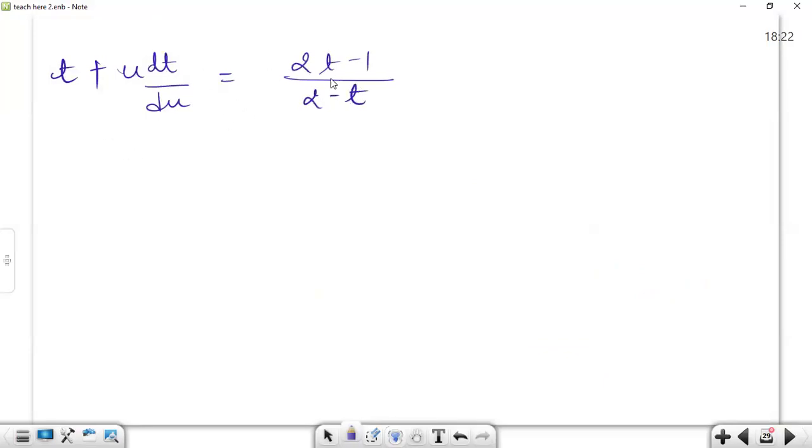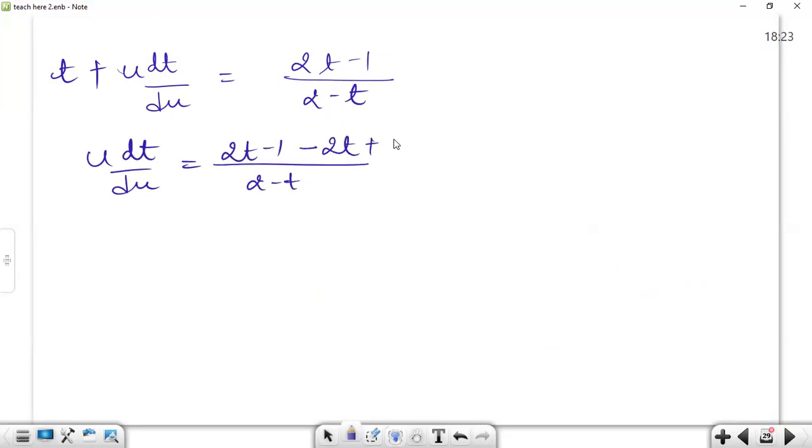So this is the differential equation. Now let's try separating the variables, u and t. Let's bring t to the right hand side: 2t minus 1 on 2 minus t minus t, which gives 2t plus t square. Understood how I have written it?